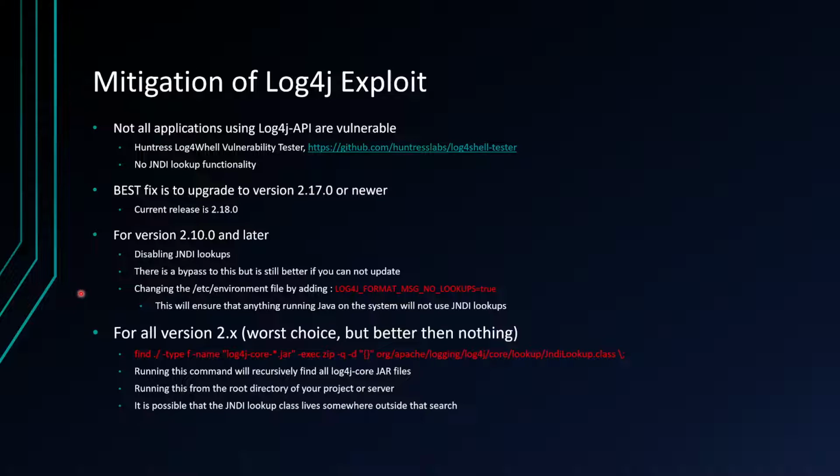The third and likely worse solution would be to just try to remove the JNDI lookup class. You can run this find, which does a search from wherever you start the search, and it will recursively find all your log4j core jar files and remove all the JNDI lookup classes.